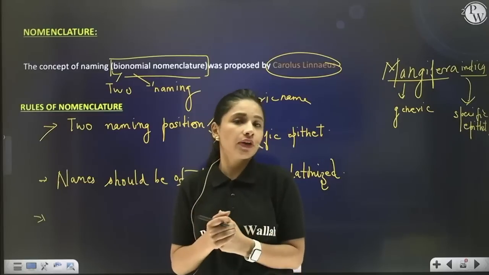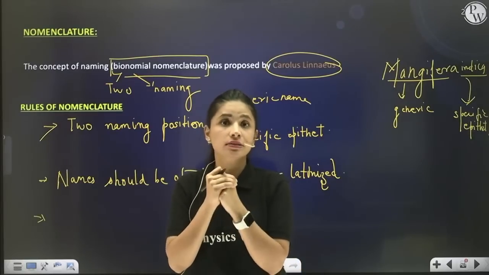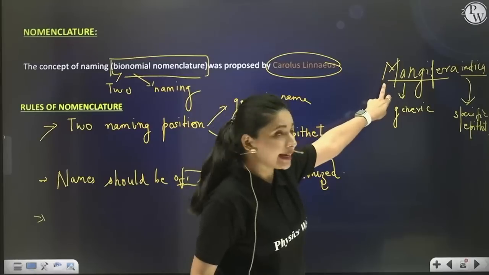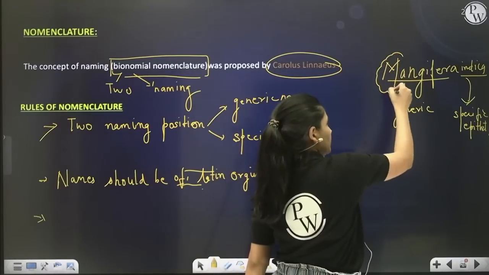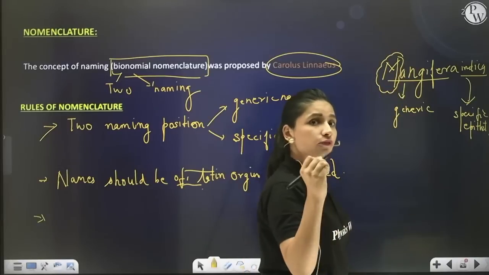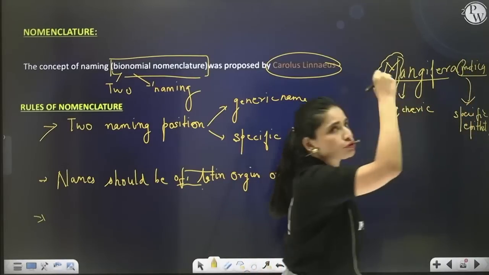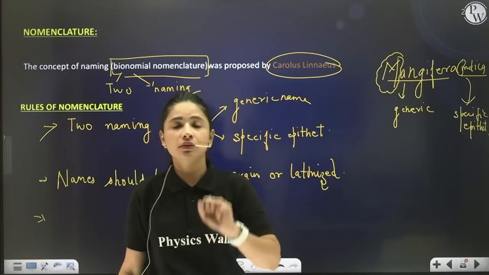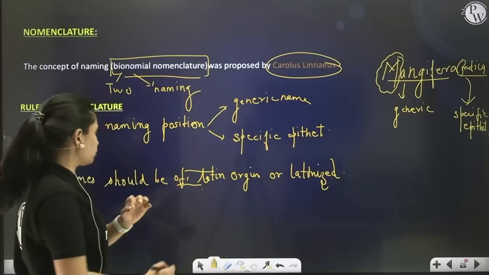Whenever scientific names are written, my children, you have to focus that the first letter of the generic name should be in capital, whereas the first letter of the specific epithet should be in small. This was the third rule framed by Linnaeus. What is that third rule?